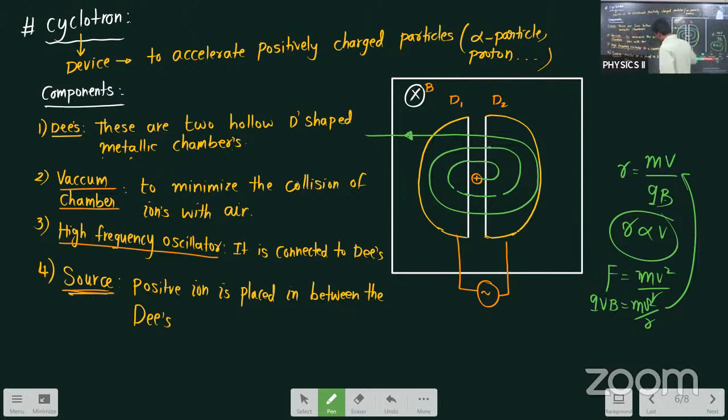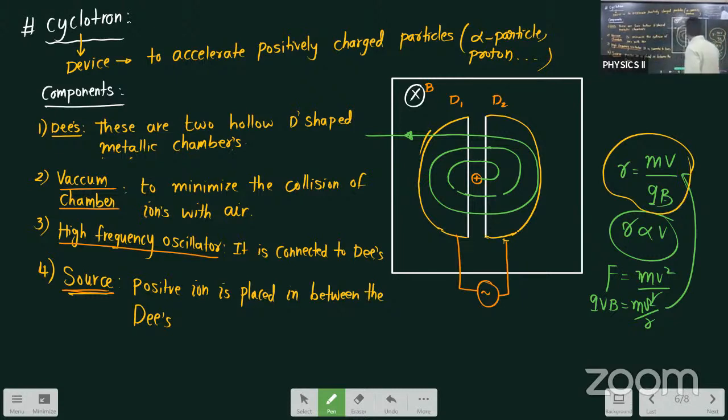The oscillator alternates the voltages, sometimes making the plate D2 positive and sometimes negative, such that due to the electric field, the charge moves between D1 and D2, while inside the Ds there is a magnetic field, due to which it makes a circular motion. As the velocity increases, the radius also increases. We know that from the relation R equals MV divided by QB.